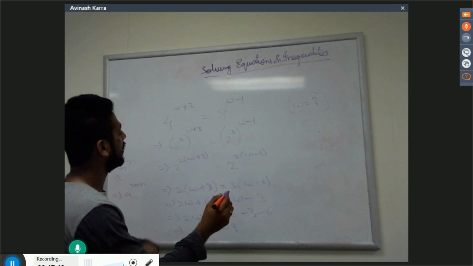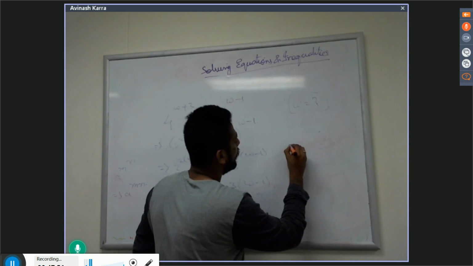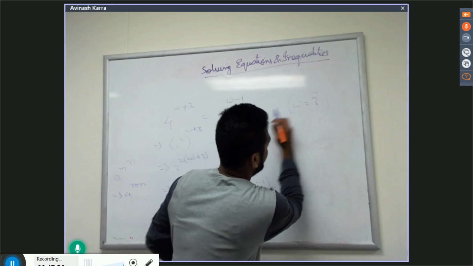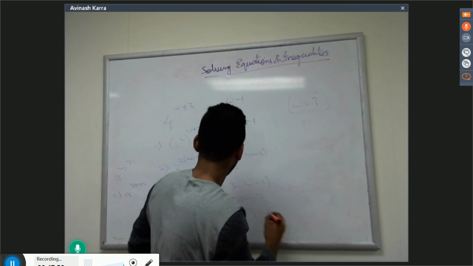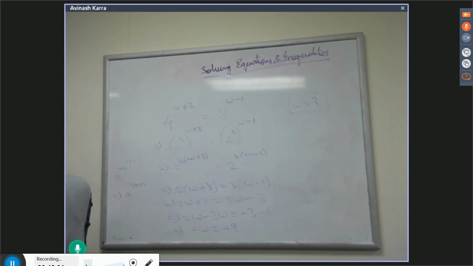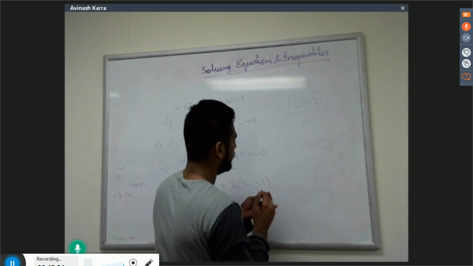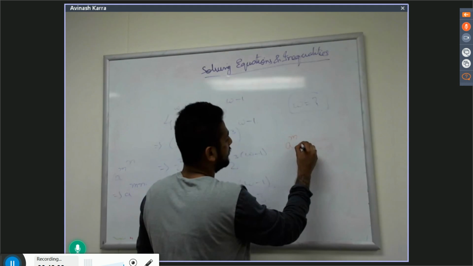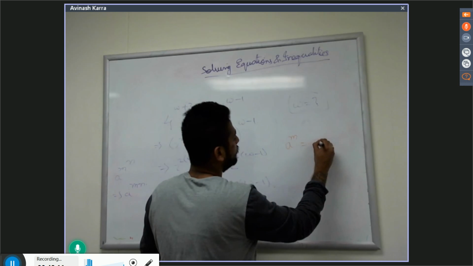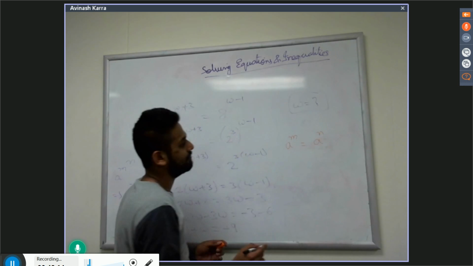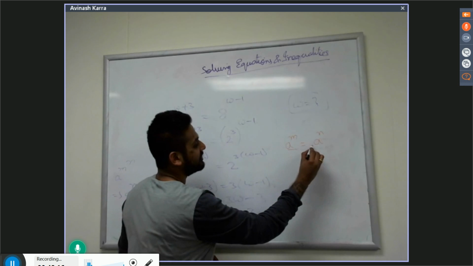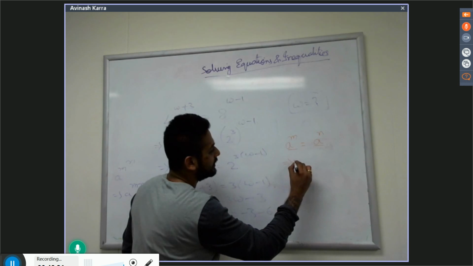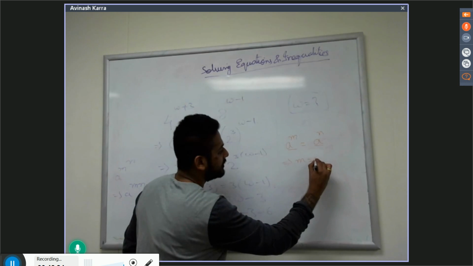There is a formula: if a to the power of m is equal to a to the power of n, when both the bases are equal, then the powers are also equal.